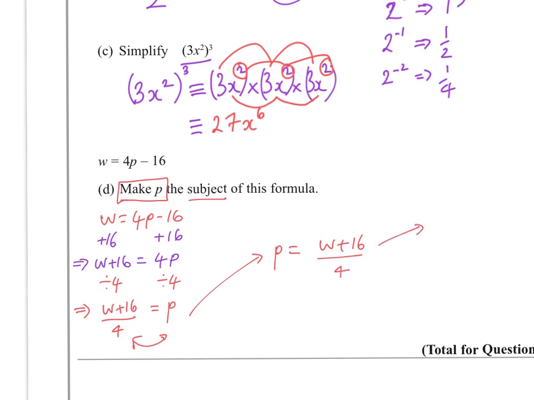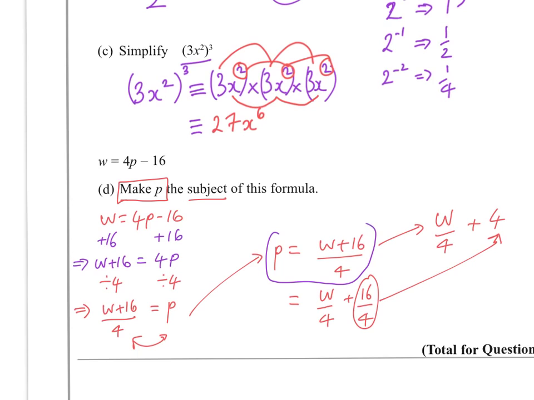Some students might write this as w over 4 plus 4. Why? Because if you divide w by 4 and then the 16 by 4, then this 16 divided by 4 becomes this 4 here. So there's many different outcomes, but the way I've done this question and the way I would do it, this would be my outcome. Although this would be okay for p, and this would probably be okay as well.